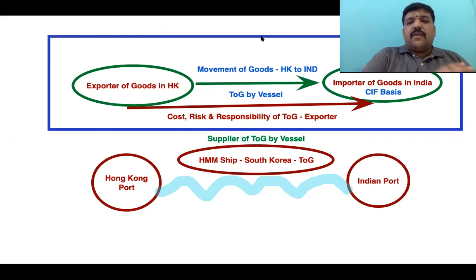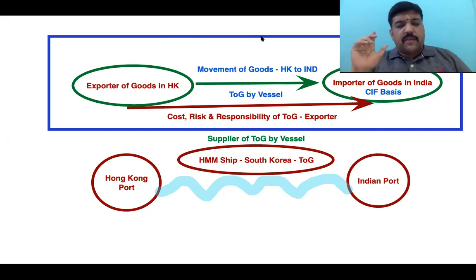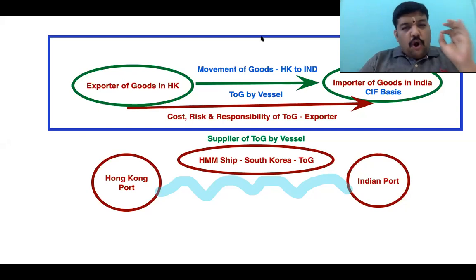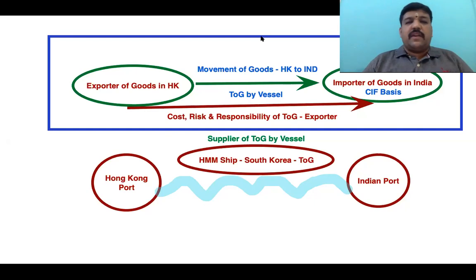Let me repeat. When you said that CIF basis is going to be your valuation, when you said the risk, cost and responsibility, including transportation of goods, should be borne by the exporter, then it is your exporter who is responsible for everything.